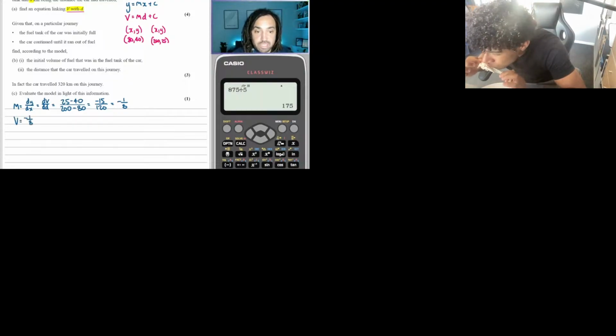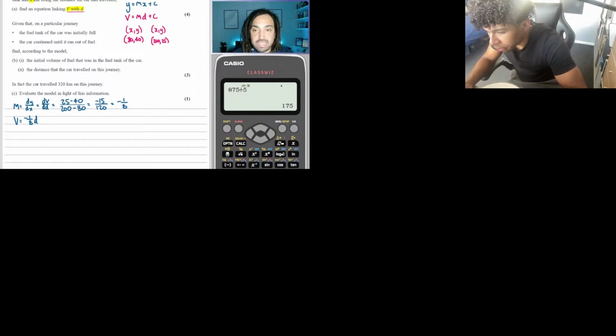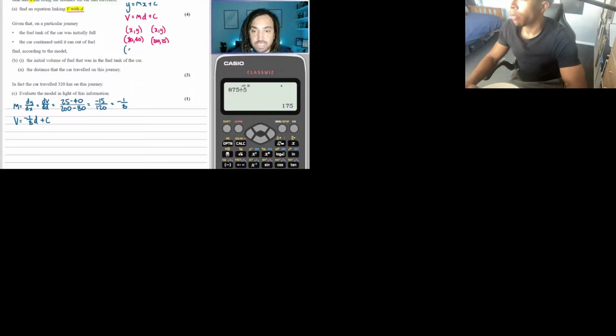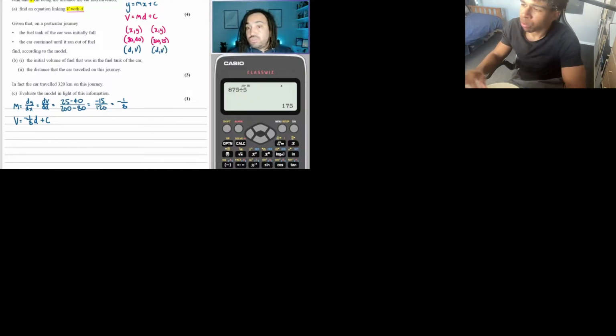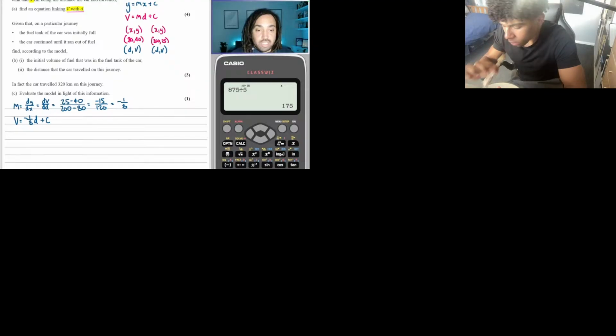Now if I want this as an equation, I also need the c, the intercept. So I've got v is equal to minus an eighth d plus c. Okay, so just to reiterate, this is the d, that's v. So let's use the 25, 200 one. You can use either.